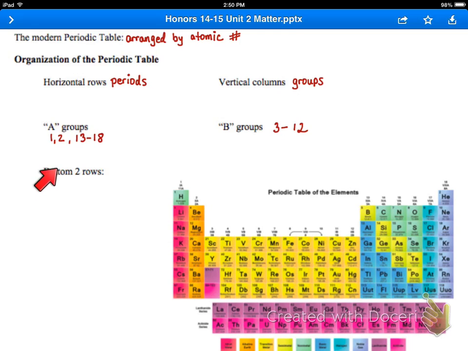So again, the A groups are groups 1, 2, and 13 through 18. These 2 skip the middle and the final 6. The B groups are the middle groups, 3 through 12, and those come here.